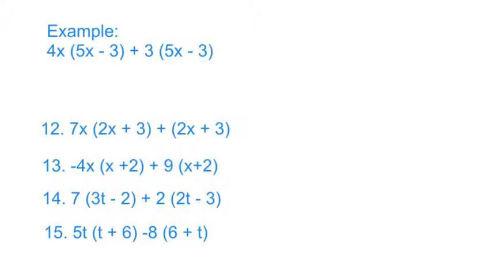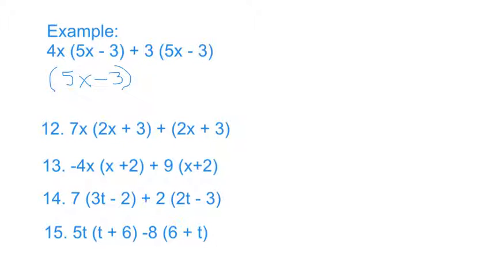So that binomial is a common factor between the two terms. So we can factor out that common factor. So we're going to start off by putting that common factor, the GCF, outside of there, 5x minus 3. That's the GCF of the two terms.